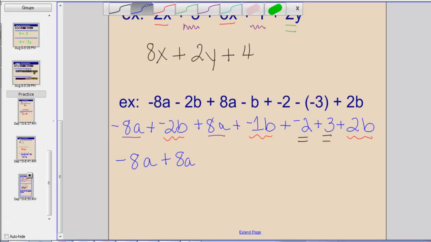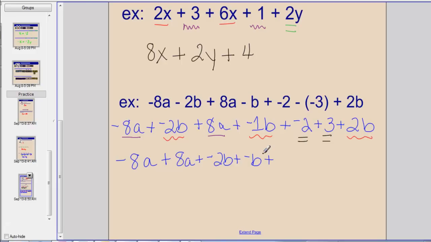Okay, so I'm putting my a's next to each other to help me, and then I'm putting my b's next to each other. And I'm going back and forth from writing negative 1b to negative b just to help you get used to the fact that they mean the same thing. But you can write it either way this year to help you get used to it. Eventually you'll drop the negative 1 and write just negative b.